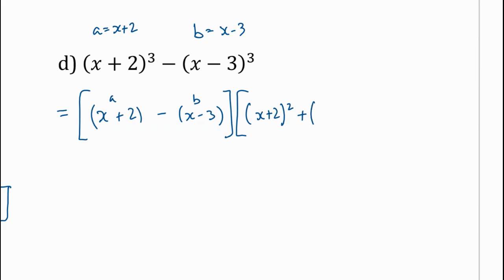A times B, so my A is x plus 2. My B is x minus 3. Third term is always plus, and the B squared. And now we have to expand and simplify.